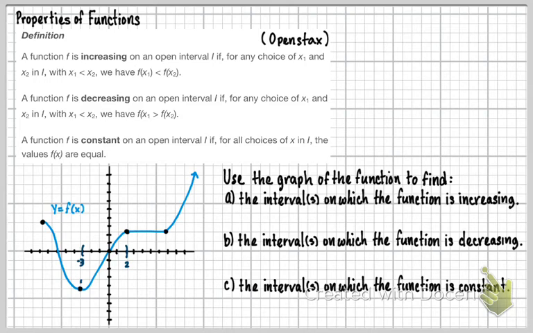I don't include the endpoints here because at the endpoints, at this point here, it's not actually increasing or decreasing. So I would just use a parenthesis for that. So I would say -3 to 2.